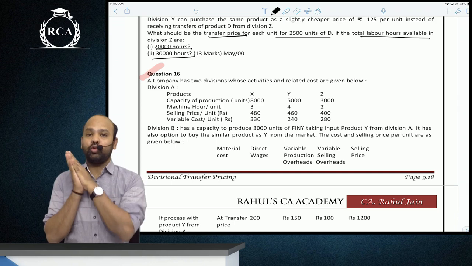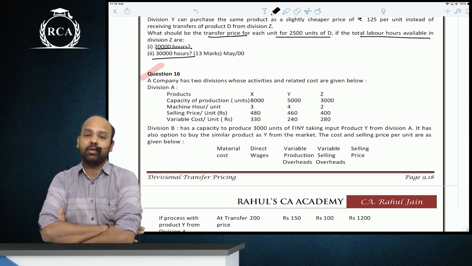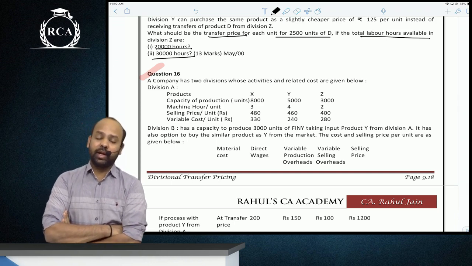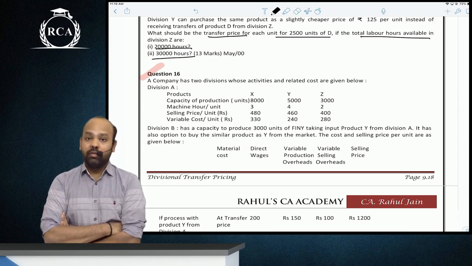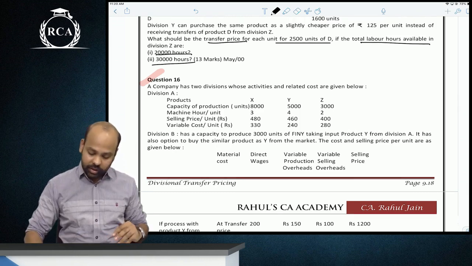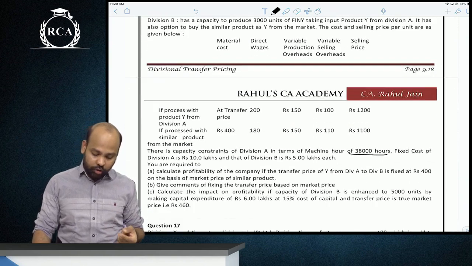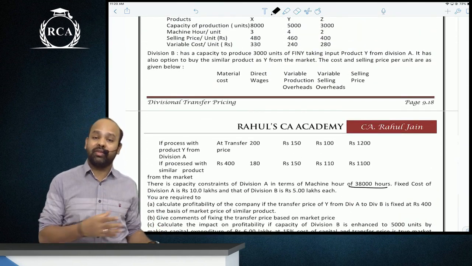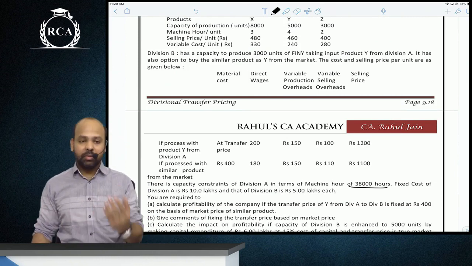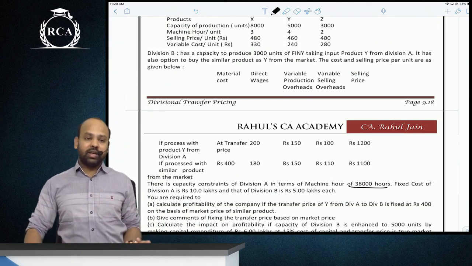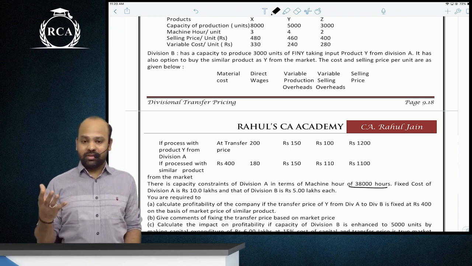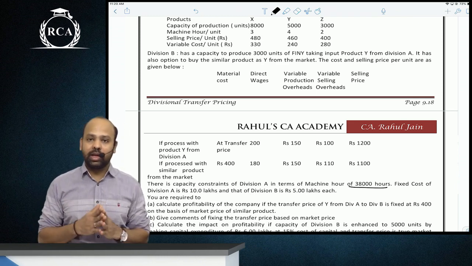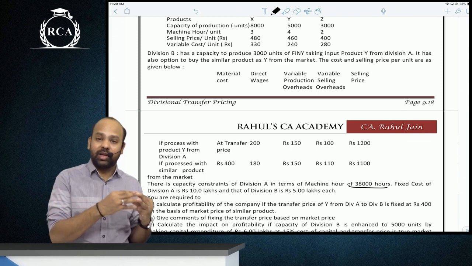One thing that you have to understand better is what is different about this question. I'm trying to cover, guys, every possible variation that they can ask in the examination. The likelihood of question number 16 coming in the examination has reduced, at least based on the previous 6 attempts, but then please do not forget, guys, there has been a general conception. This is the general mindset of the students now, that transfer pricing has become very easy.